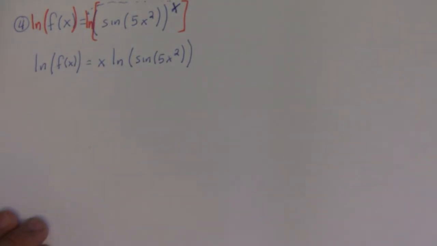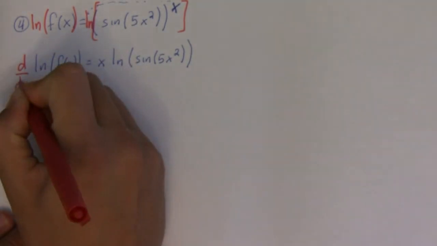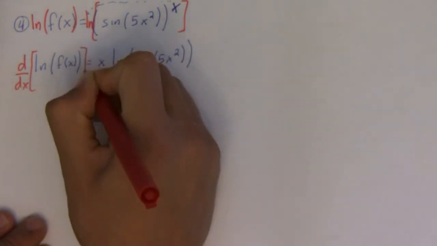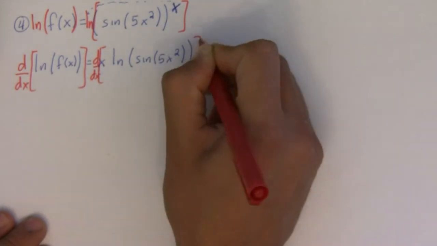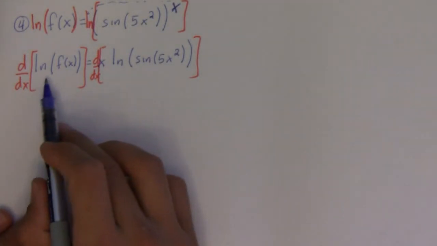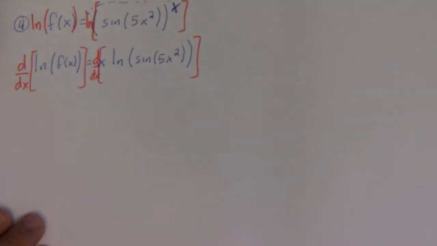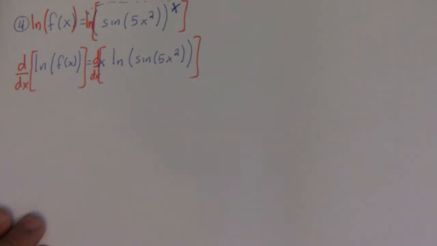And then what we do is we use implicit differentiation, so we can get the derivative of both the left side and the right side. Okay, so when we do that, here we have a slightly tricky situation. Here we have the natural log of a function, so we have to use the chain rule.